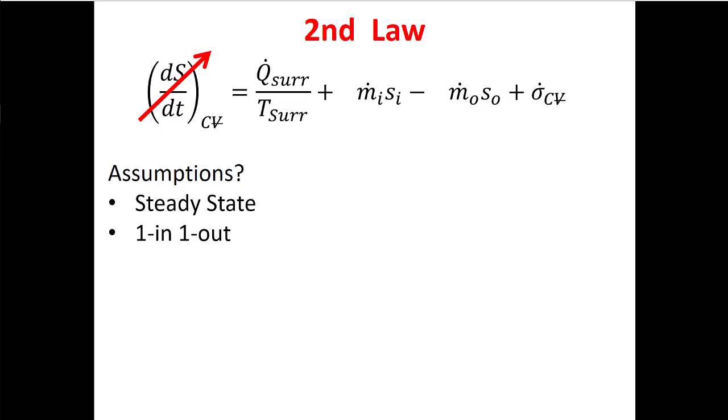This is one of those spidey sense, hair-on-the-back-of-your-neck kind of things, because this term is tough. There's two things I've got to remember about this heat transfer term. One, the sign is still high to win. It's the same magnitude, same sign as what you'd get from the first law.